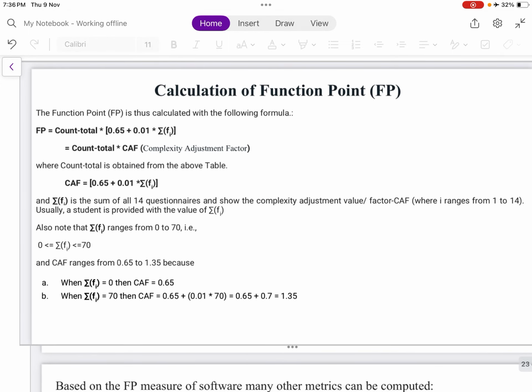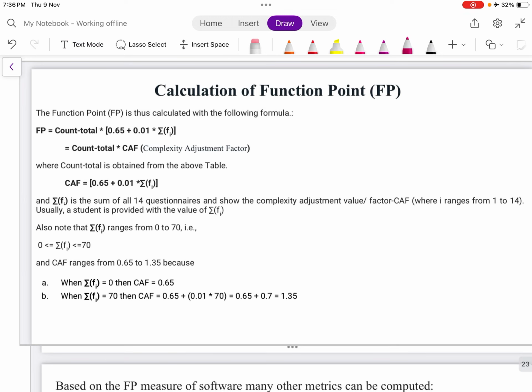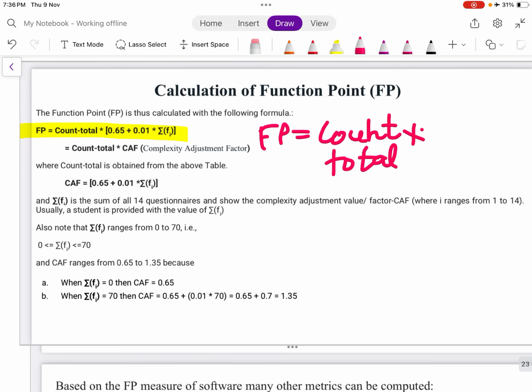Calculation of function point. How to calculate the function point? The function point is calculated with the following formula. Function point equal to count total into 0.65 plus 0.01 into summation of Fi. This formula we have to remember.